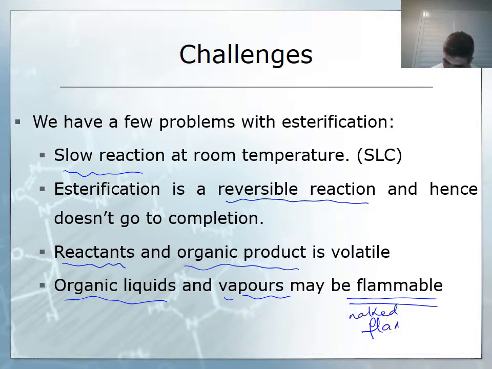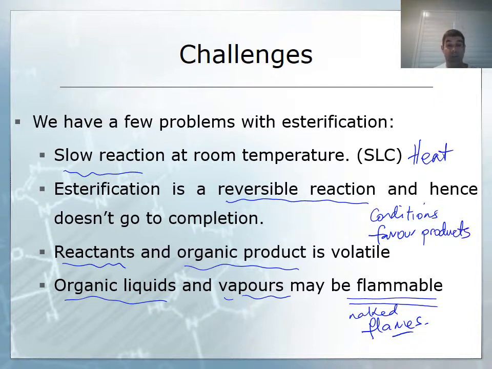So therefore, our procedure for carrying out esterification has to deal with the slow reaction at room temperature. So this is going to involve the addition of heat. It's a reversible reaction, so we're going to have to set certain conditions which favor the formation of the product.